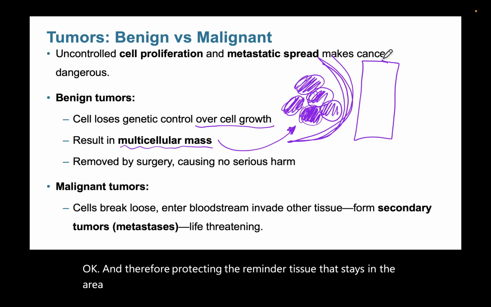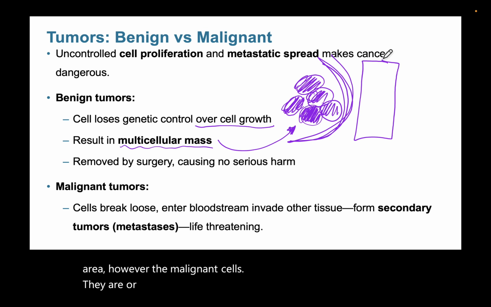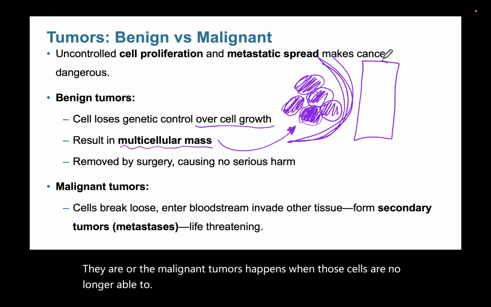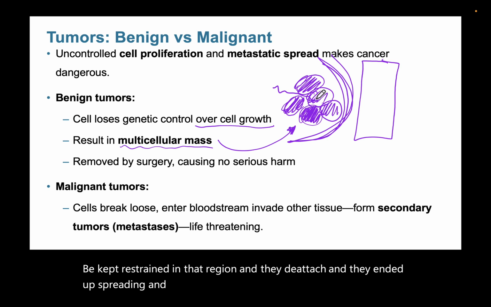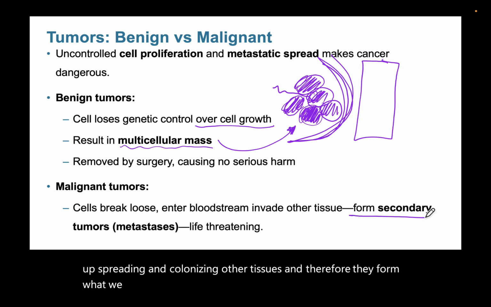However, malignant tumors happen when those cells are no longer able to be kept restrained in that region, and they detach, and they end up spreading and colonizing other tissues. And therefore they form what we call secondary tumors or secondary metastases, okay?